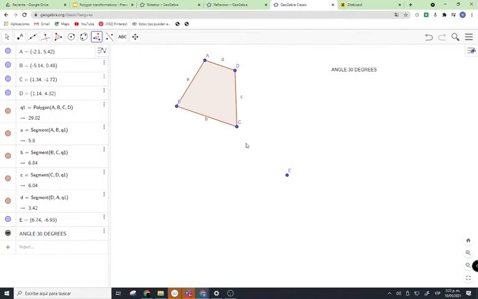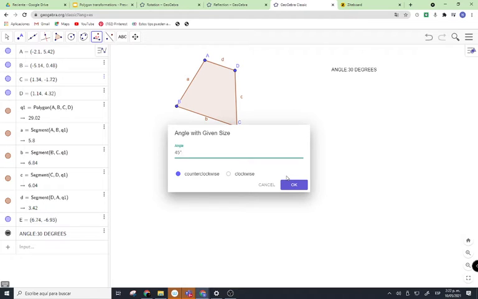I am going to click the point, and then the center of rotation, and then I am going to write the measure of the angle that I want, which in this case is 30 degrees. Don't worry, the degree symbol in this part is automatically generated by GeoGebra.